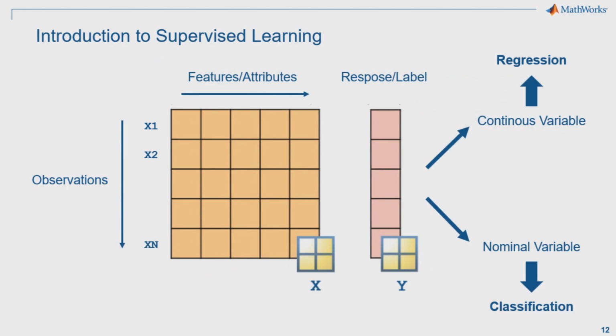So, as last time, I want to show you the convention that we will use during the presentation on how we decide to organize our dataset and our variables. Specifically, if X is the matrix of our data, we will collect all the features along the columns and all the observations along the rows.